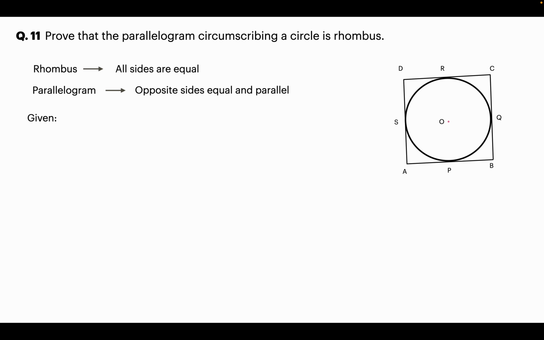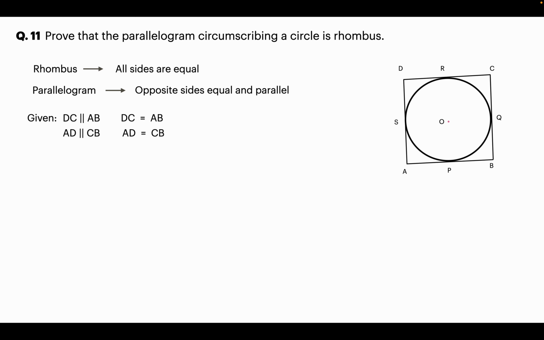Now we are given that ABCD is a parallelogram. That means the opposite sides DC and AB are going to be equal and parallel, and the other set of sides CB and AD are also going to be parallel and equal.